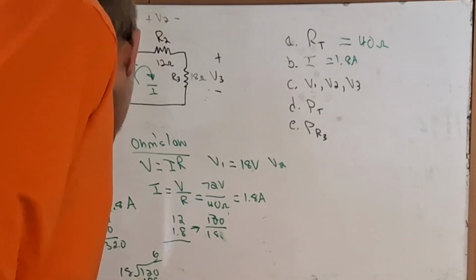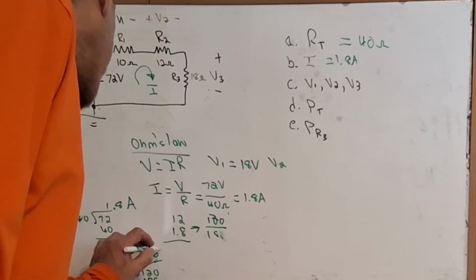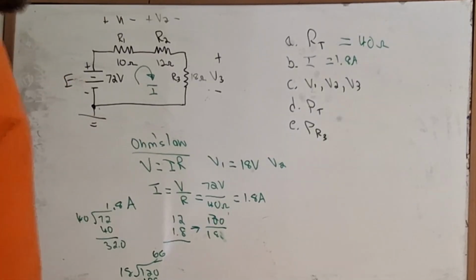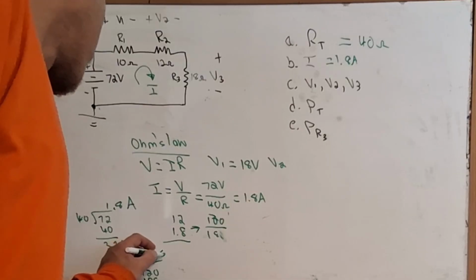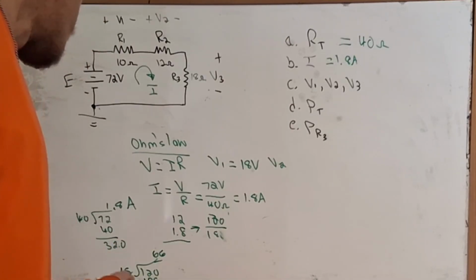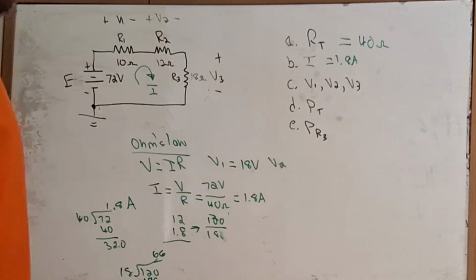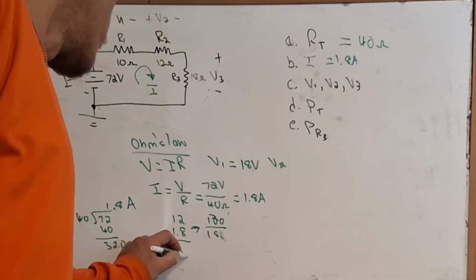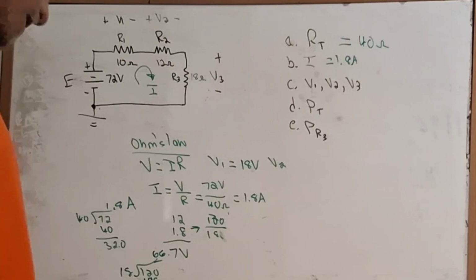And then we bring another 0 down and we get another 120, and this is just going to keep repeating. So it would be 66.7 volts. That's not right. If this is 18 volts, it should be close to that.